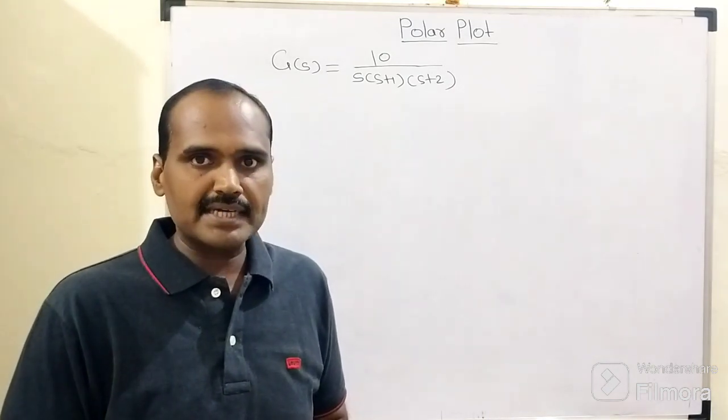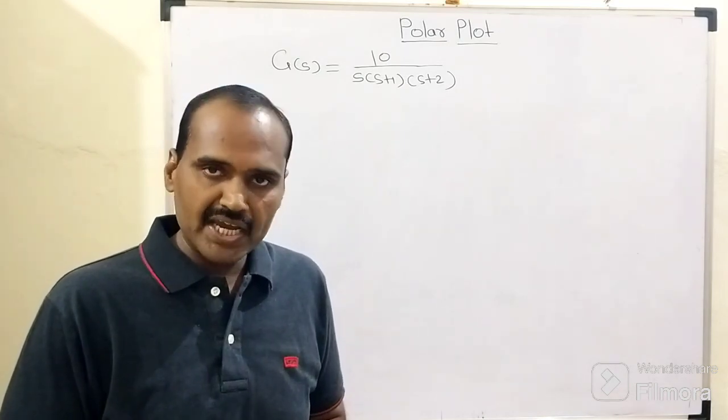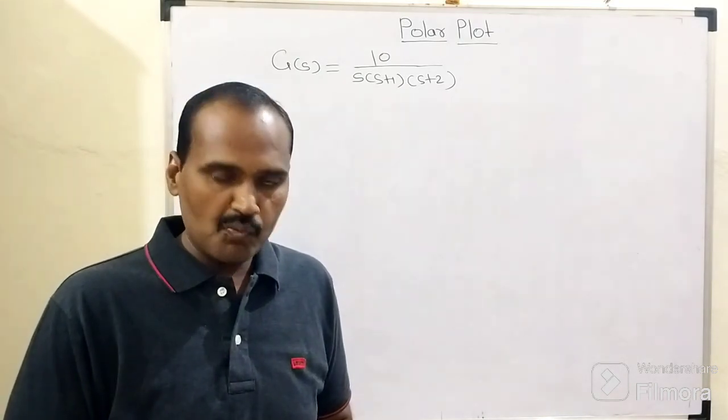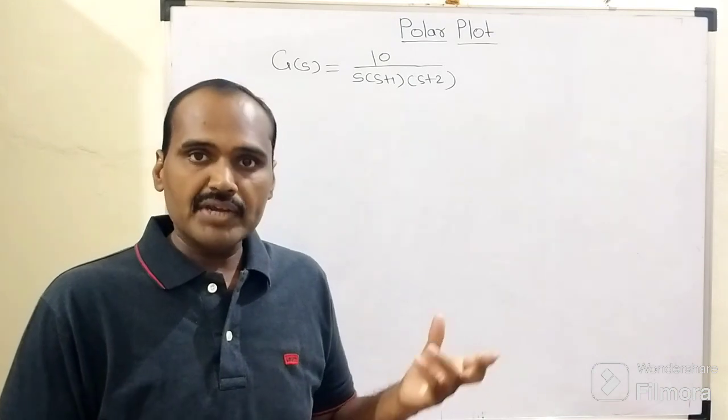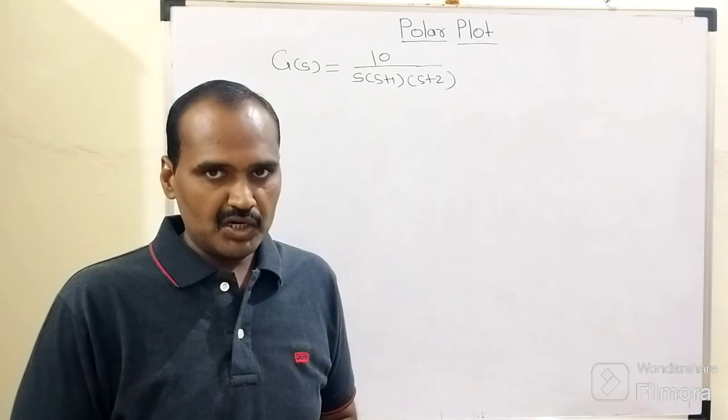So we need to understand that by virtue of the magnitude and the phase angle for a given open loop transfer function, we can determine the overall stability of that control system.